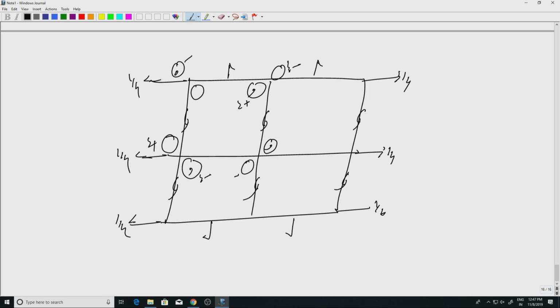Now we can see that is 1, 2, 3, 4, 5, 6, 7, 8. Now inverted.